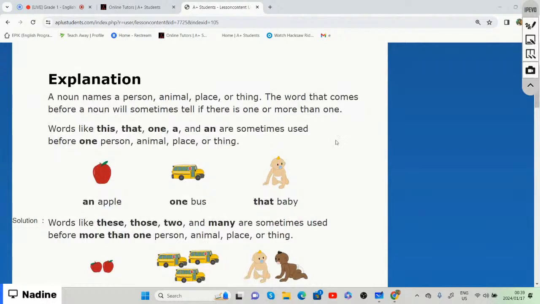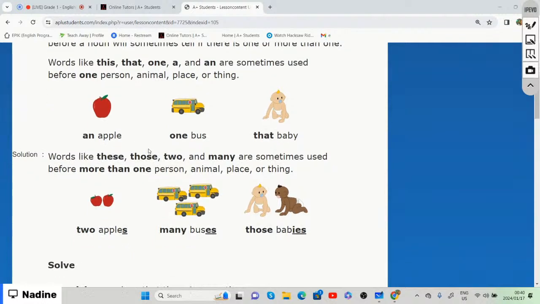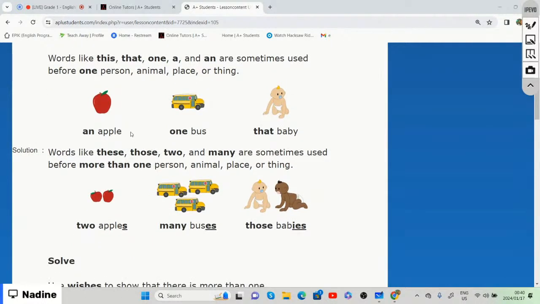And remember, we said that a noun names a person, animal, place, or thing. And remember, we made examples of where we either add the S, ES, IES.